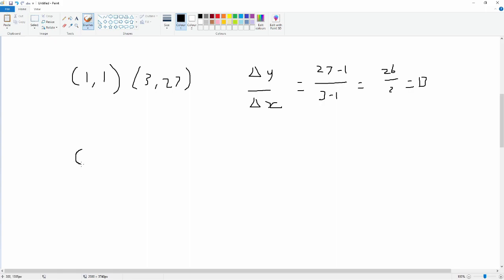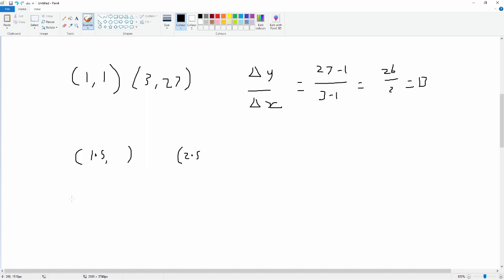Let's try getting them closer to 2. Let's say 1.5 and 2.5. Okay, so 1.5 cubed is 1.5 times 1.5 times 1.5.